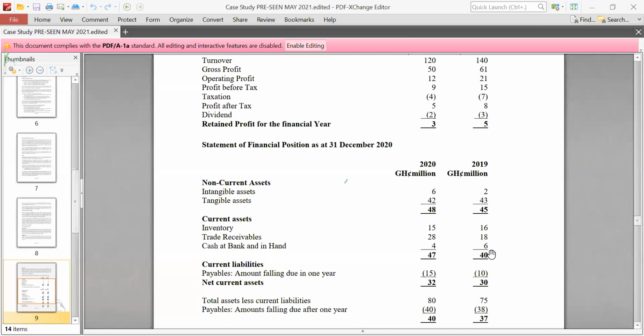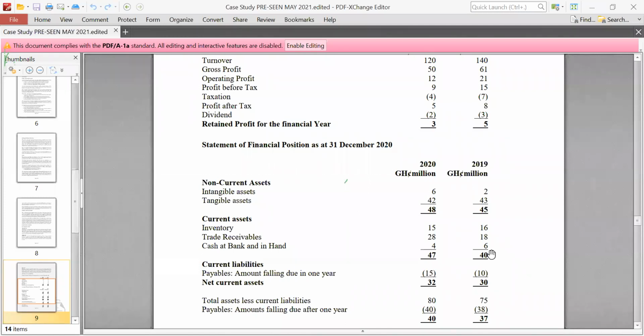I'll pull up my analysis, God willing, tomorrow. But if you look at trade receivables as a component of your current assets, in 2019, it was 45%.